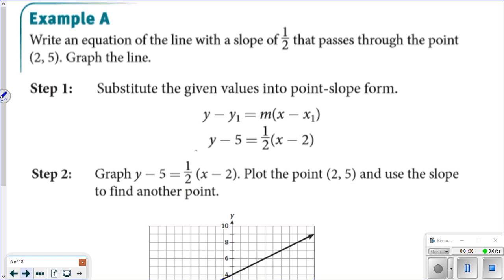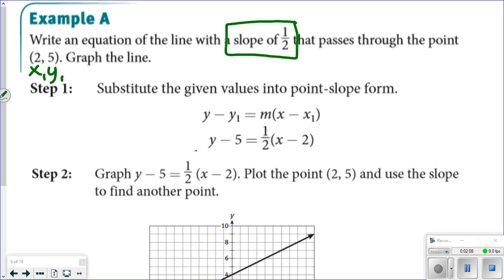So let's look at this example A that's given to us in your book. It says write an equation of the line with the slope of 1/2. So that's our m value, our first piece of information. And our second piece of information is that it passes through this point right here. And I'm just going to label it right away. So what we need to do is substitute our given values into point slope form.